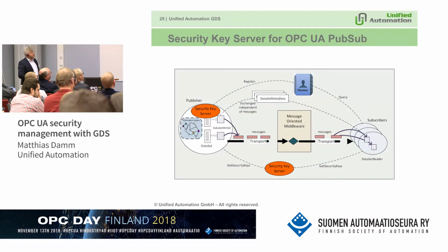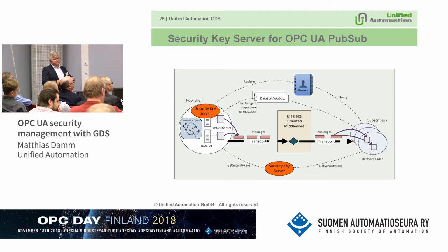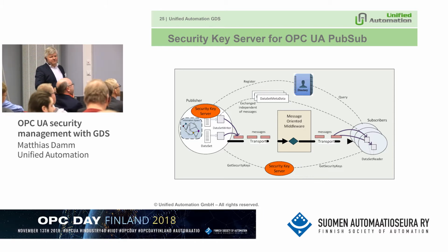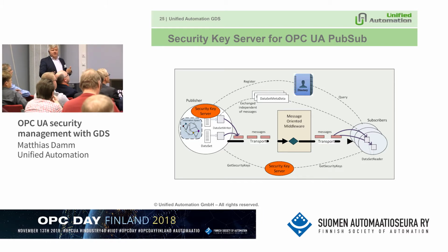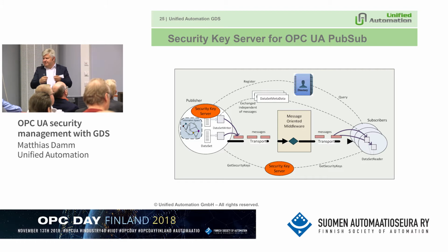The second feature that also requires some centralized security setup is security for PubSub. In the PubSub concept, you have publishers, you have subscribers, and you have some middleware. It could be a message broker, or for UDP, just switches. But since you have one-to-many or many-to-many communication, you cannot establish a security context as a point-to-point connection.